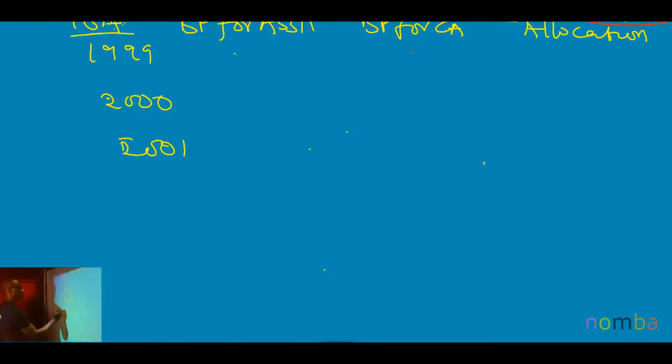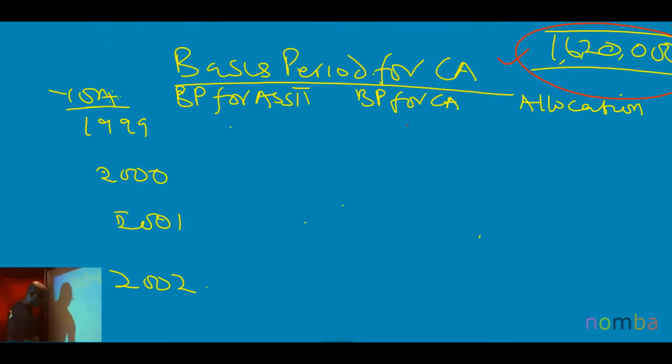Basis period for assessable profit here is what we already have there. That is 1 June 1999 to 31st December 1999.